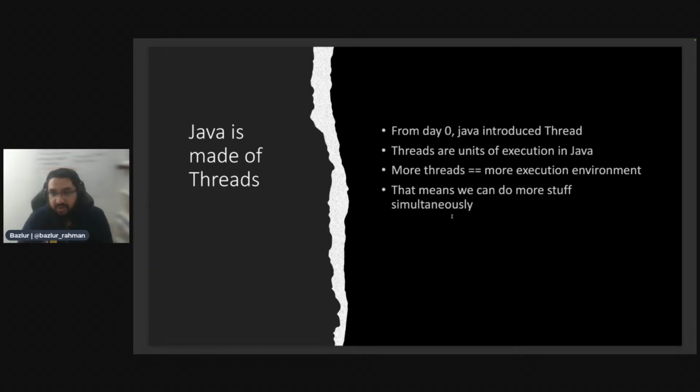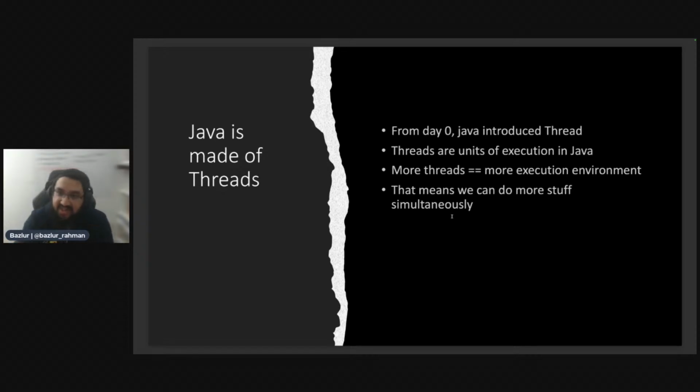Now, the question is what essentially a thread is. In Java, threads are basically the unit of execution. What it means is, you have a block of code, or class methods, and you want to run them on your computer. Who runs that code?